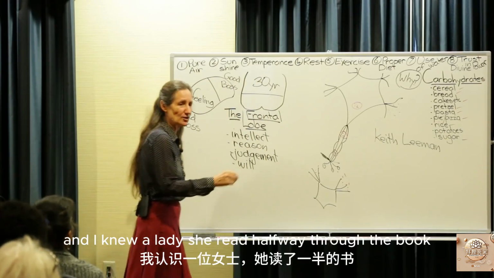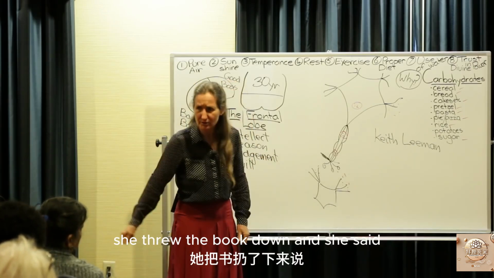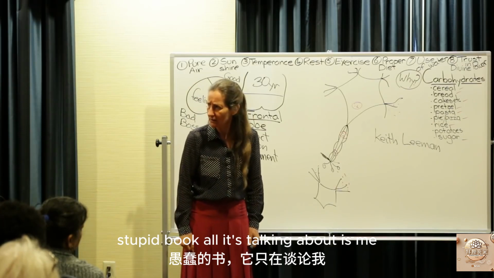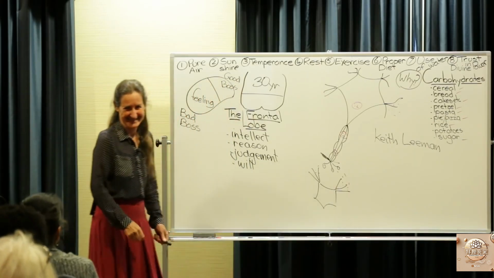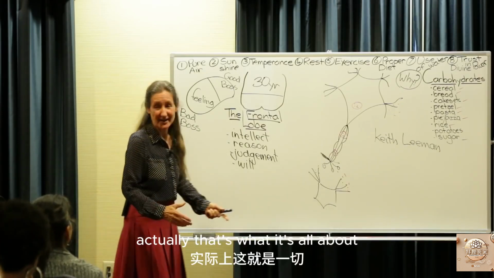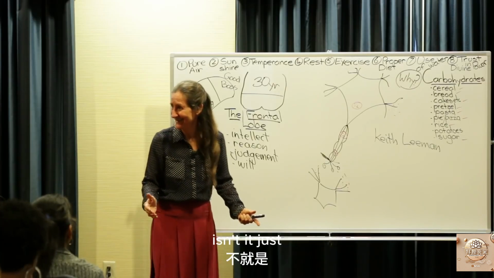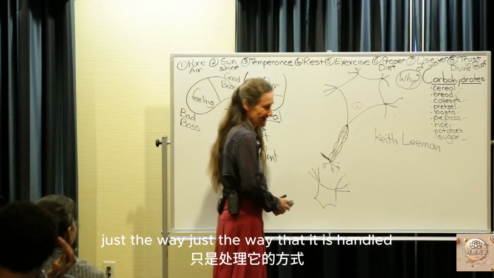And I knew a lady, she read halfway through the book Have a New Husband by Friday. She threw the book down and she said, stupid book, all it's talking about is me. Actually, that's what it's all about, isn't it? Just the way that it is handled.